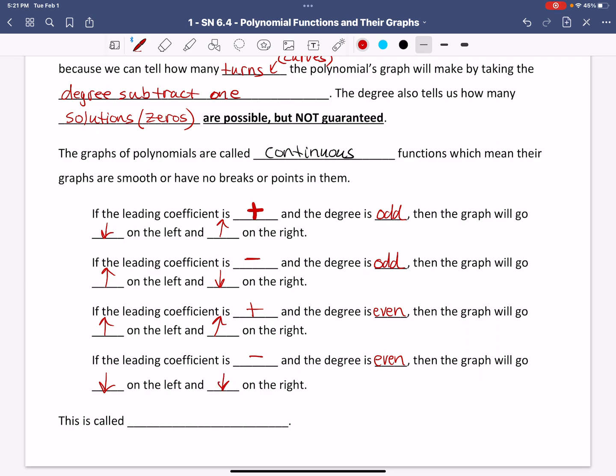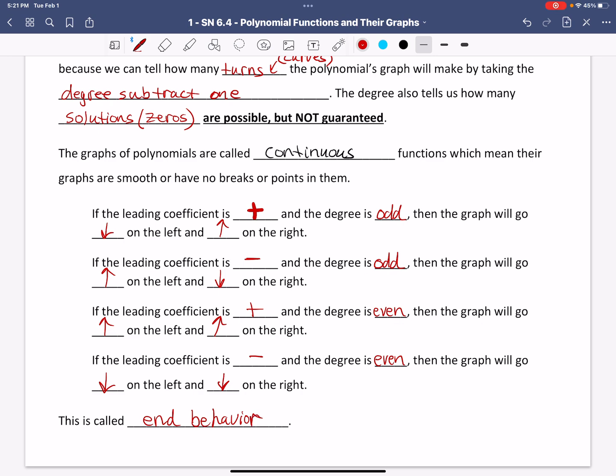This behavior, either the ends being the same direction or opposite direction, is called end behavior. What is happening on the ends of the graph? So this is end behavior.